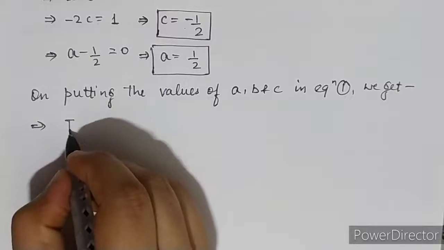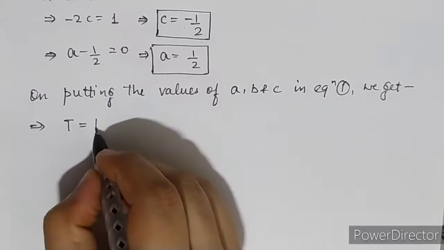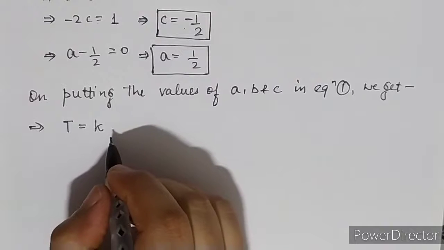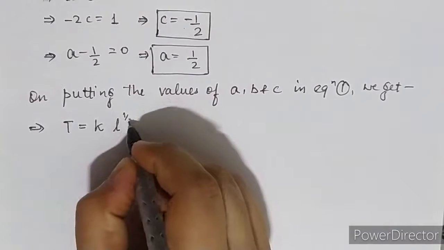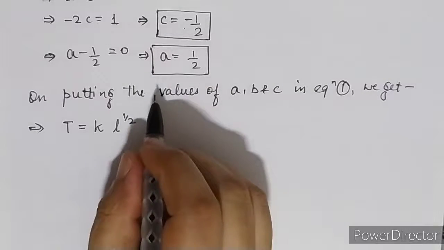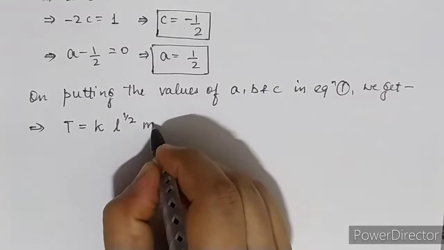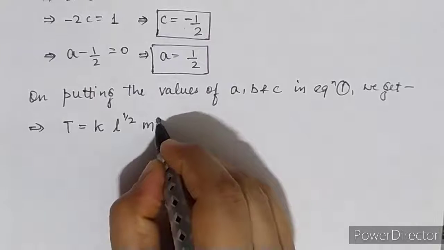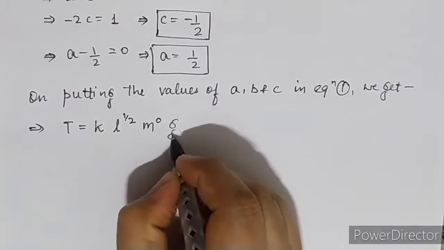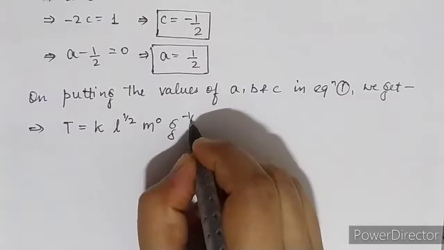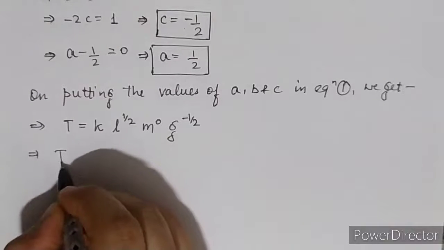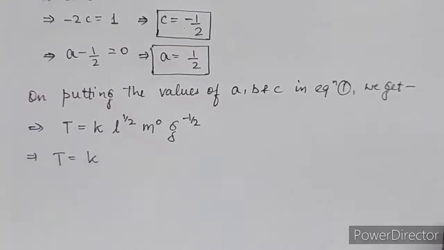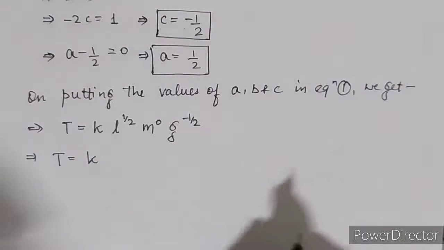T is equal to k as it is, L to the power a, so here a is 1 by 2, then M to the power b, so here b is 0, and g to the power c, so c is minus 1 by 2. Okay, now T is equal to k. We are just writing it down, simplifying this value.